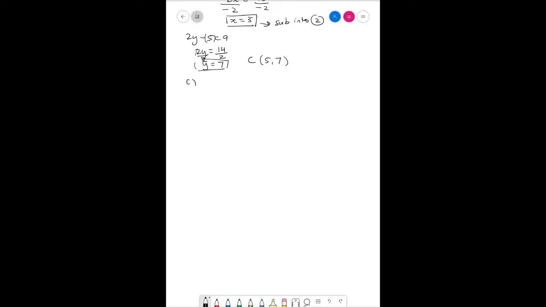Okay, and the final part, part C, we want to show that AC is equal to 2AB. Well, the distance of the line AC, we just use our distance formula, which is the square root.